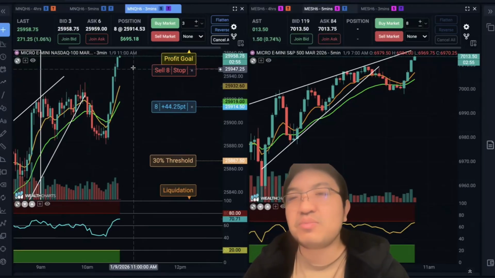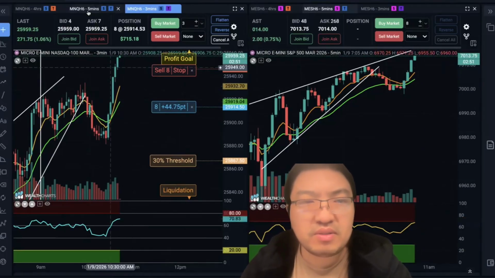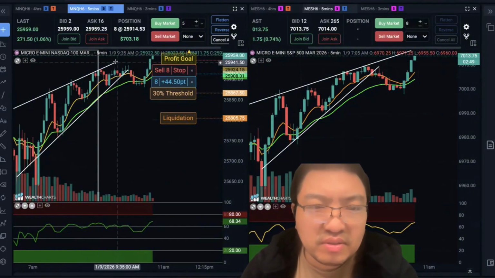Let's see ES 5 minute. If it reaches here, I'll take profit. But what about NQ?